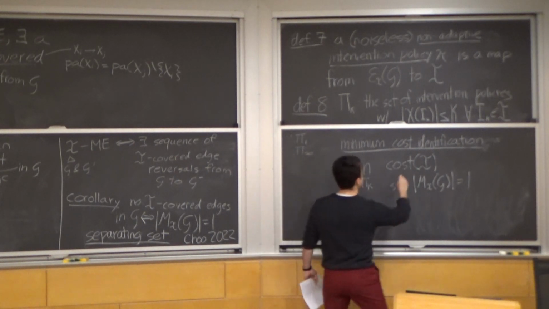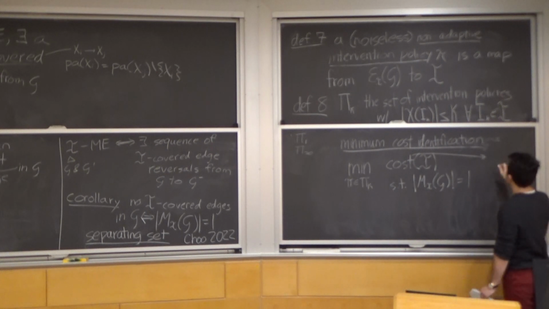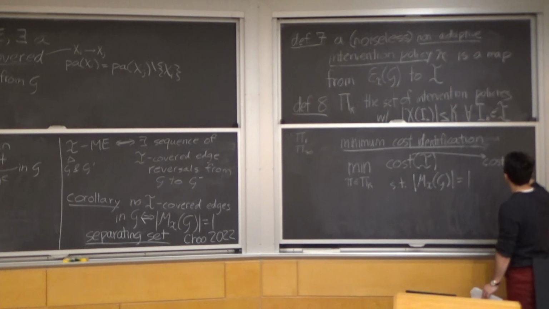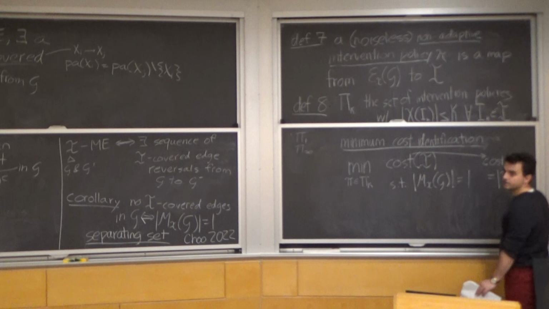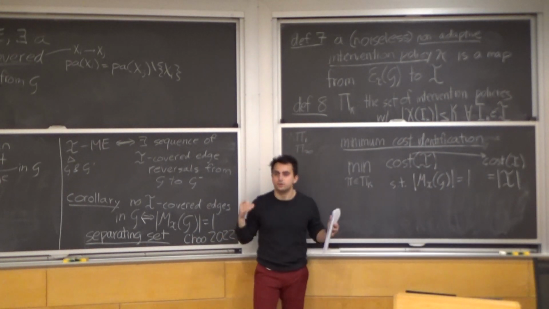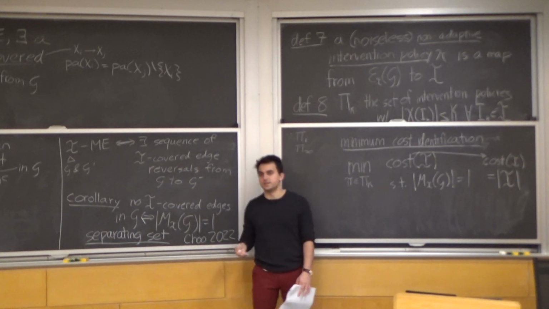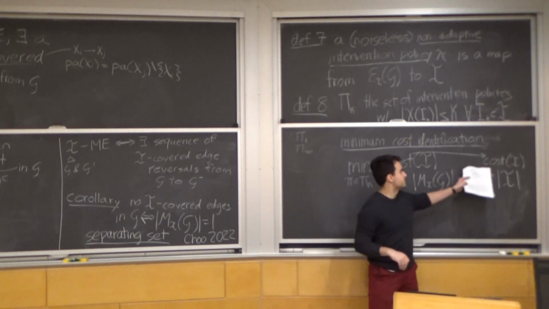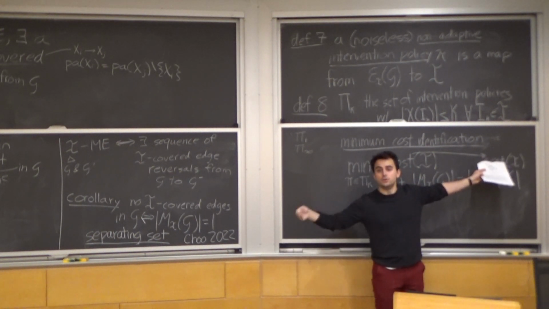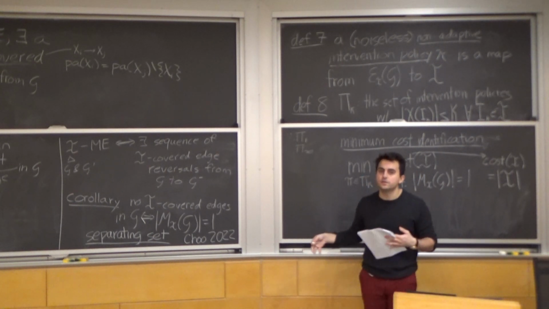And this cost here, the results I'll give you today are where we just care about the number of interventions in that set, and we don't penalize interventions that are intervening on more nodes. It's also been studied what if you assign a cost to every node to intervene on? Maybe some genes are harder to intervene on than others.